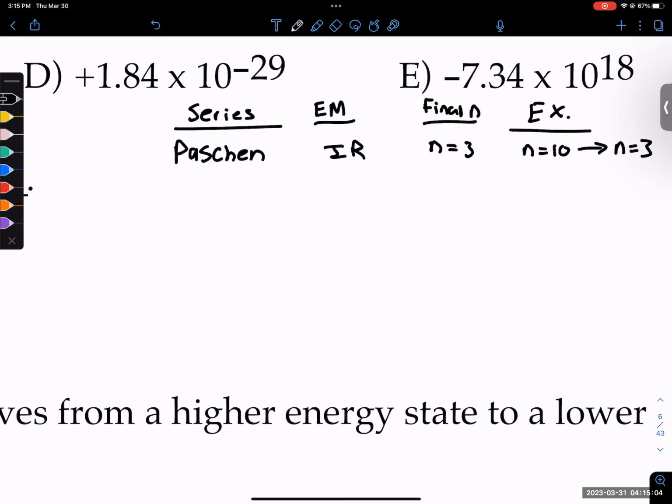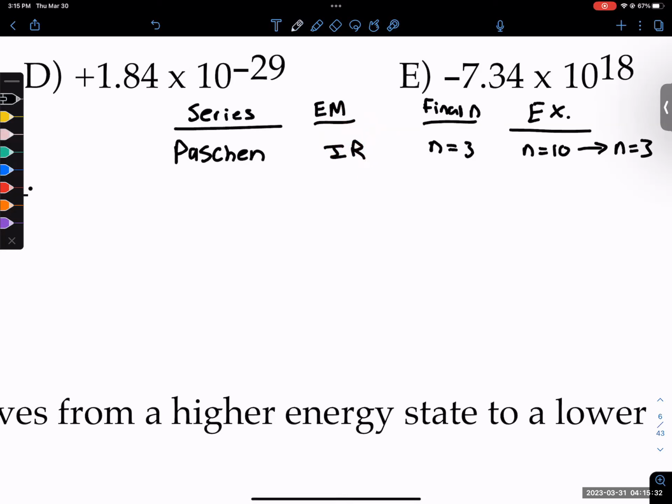It doesn't matter what the first one is. It could be n equals 100, it could be n equals 1,000,000. But as long as the final n value is n equals 3, it's going to emit a photon in the infrared region of the electromagnetic spectrum. That's the Paschen series. And again, EM stands for electromagnetic spectrum, the area in which the photon is released.